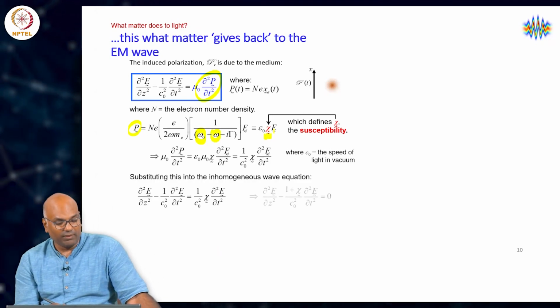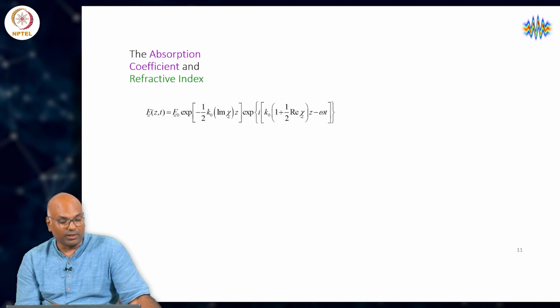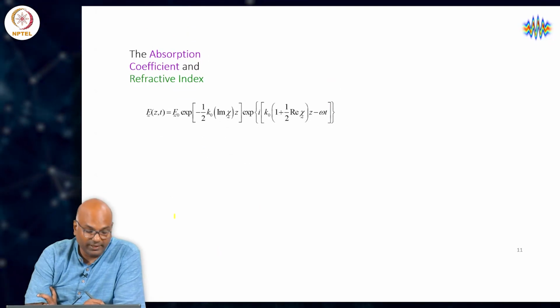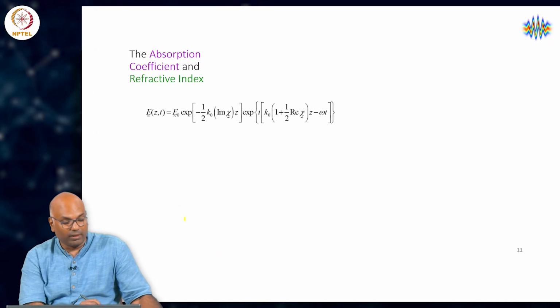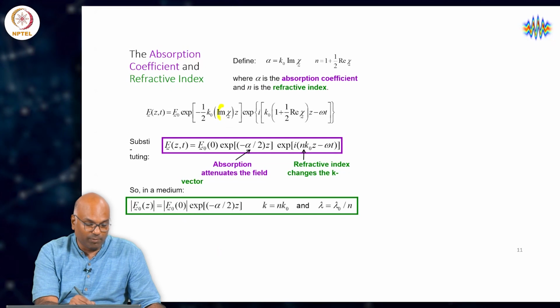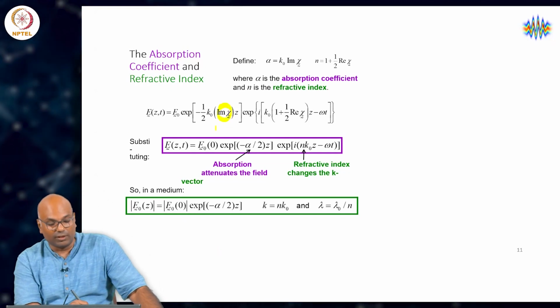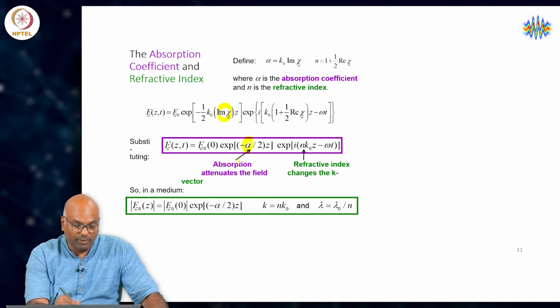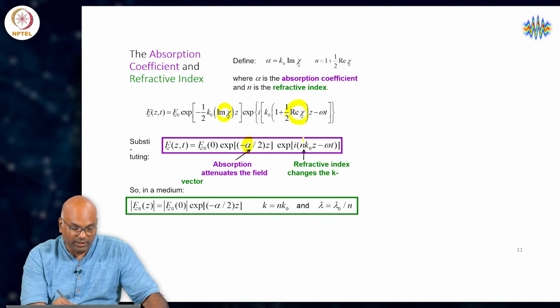We did a few substitutions and realized that the absorption coefficient and refractive index of these media are a consequence of chi being complex in general. The imaginary part of chi is responsible for absorptive phenomena and the real part of chi is responsible for refractive phenomena.